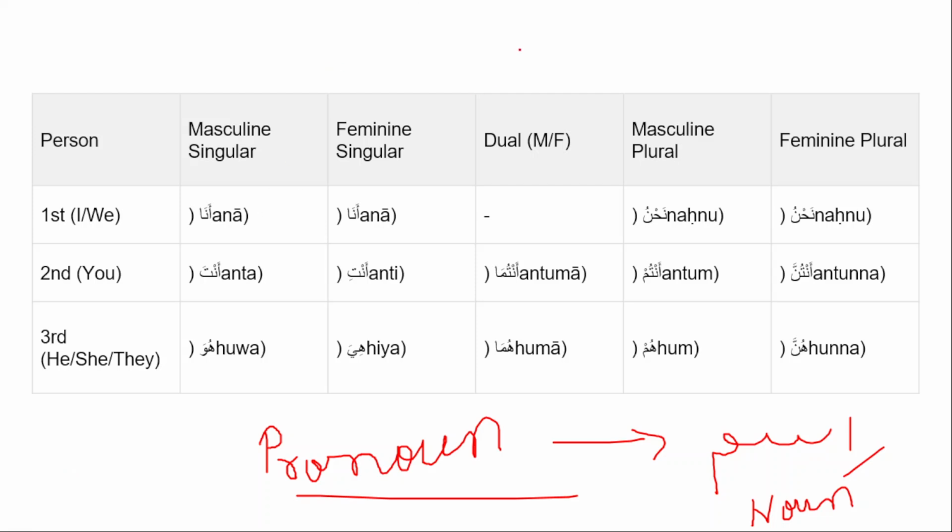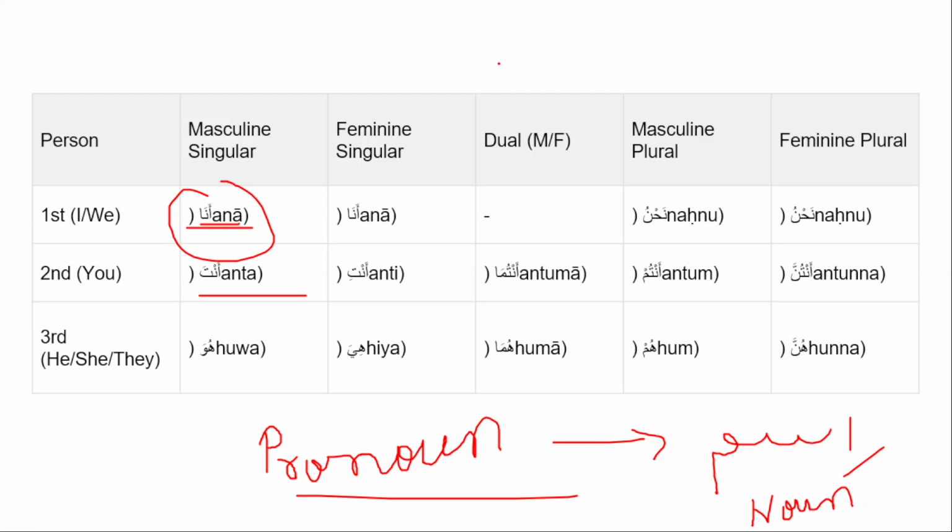One is the independent, or detached, pronoun. These are words that occur independently, but it can also happen that these words are joined to another word.